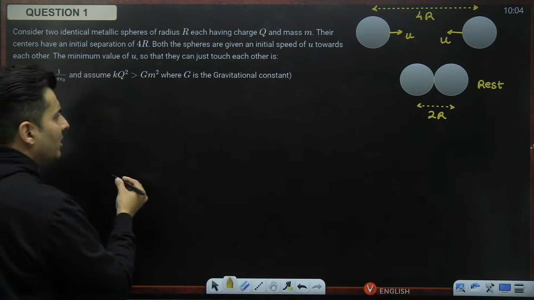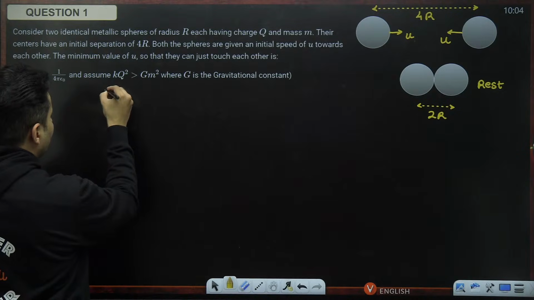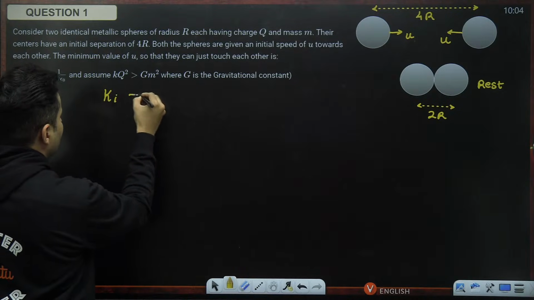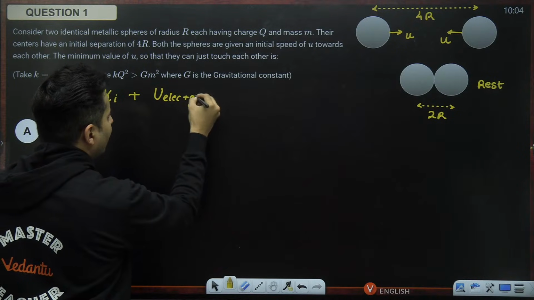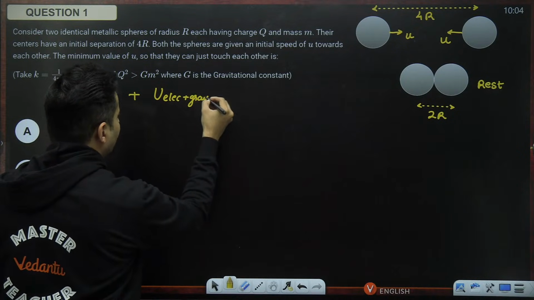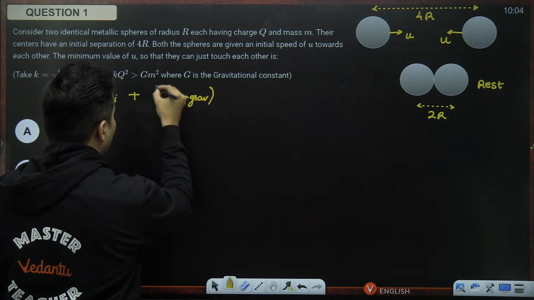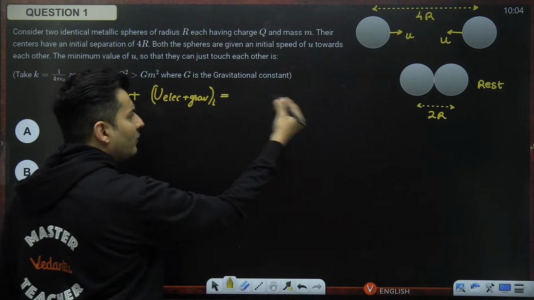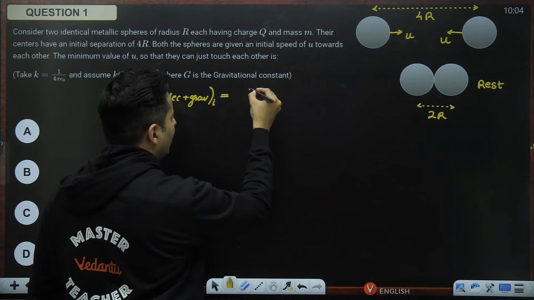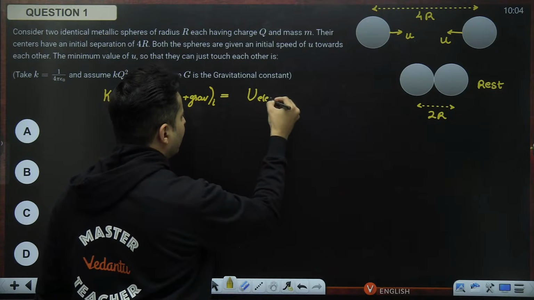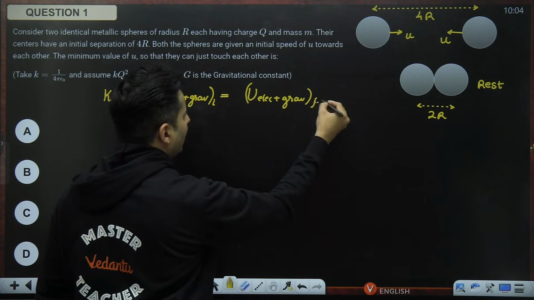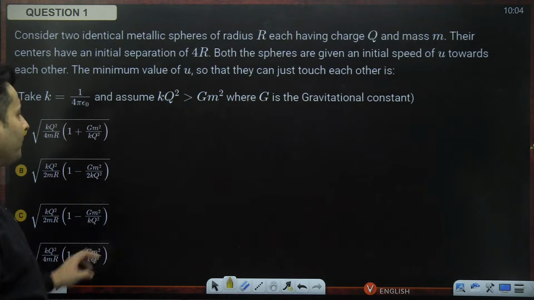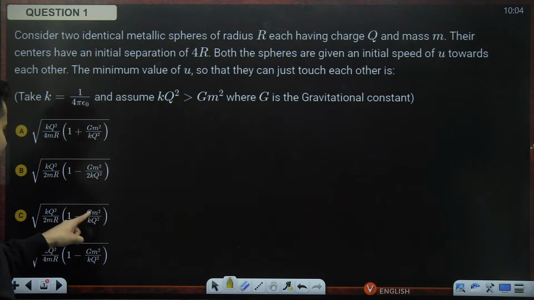So the logic to solve these questions is the kinetic energy initially plus the electrical and gravitational potential energy which is there initially will be equal to, finally there is no kinetic energy, it will be final electric plus gravitational potential energy.